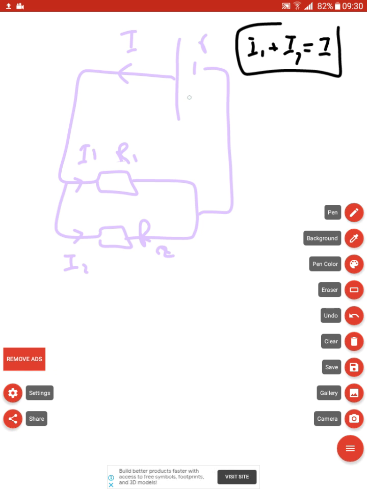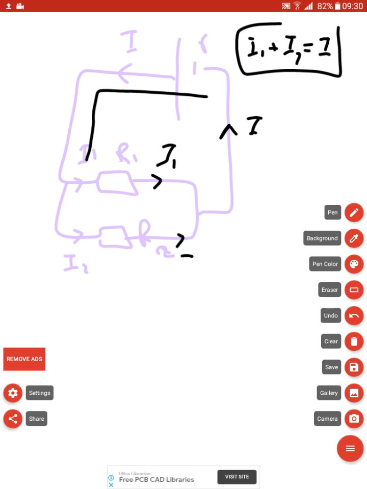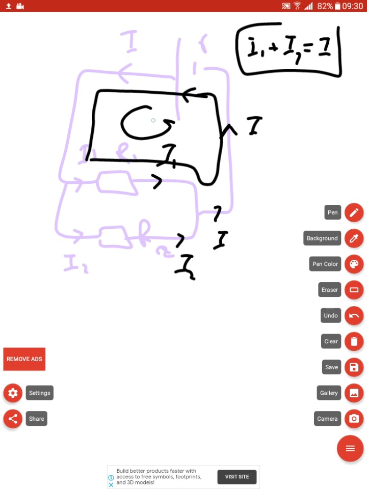The current will split, some going to this branch, and it will come back together here. Here the current is I, here I1, here I2, and here I again. We can take this loop as loop number 1 and this loop as loop number 2.